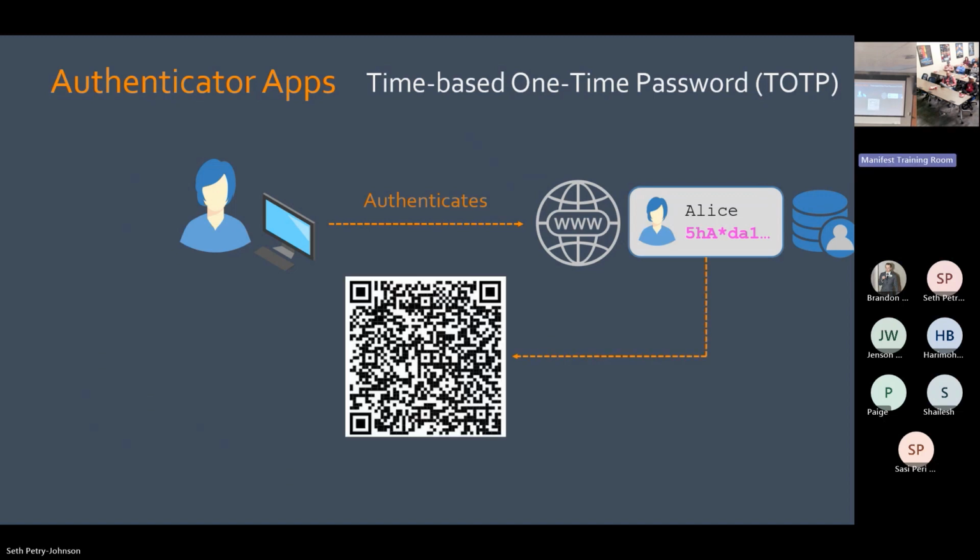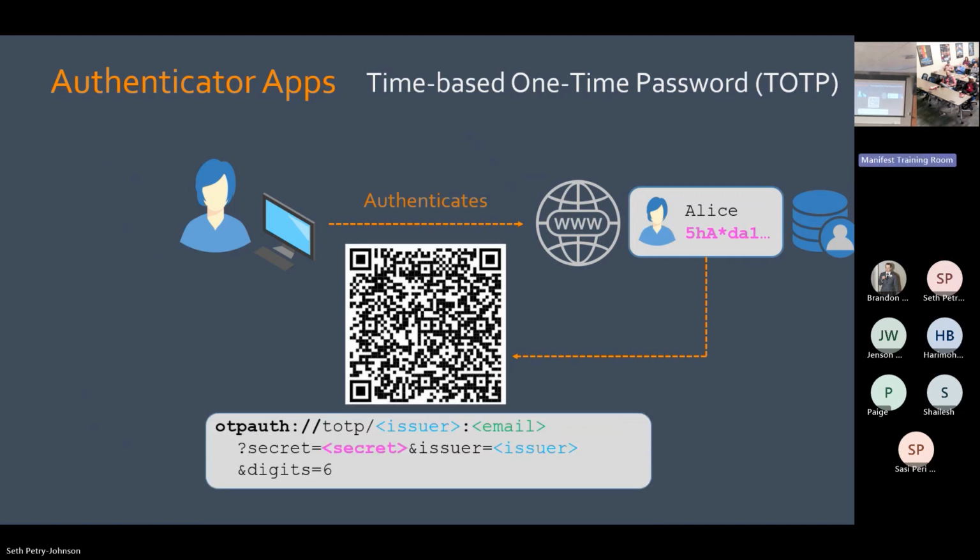The website will typically then give her a QR code, which she can scan. That QR code, a specially formatted URI, is associated with one of those authenticator apps, so that's how it opens. That URI tells it who issued it, the user it was for, the secret key, and so on. That's how you scan the code and it gets into your Google Authenticator.